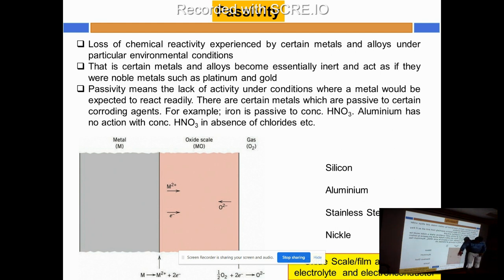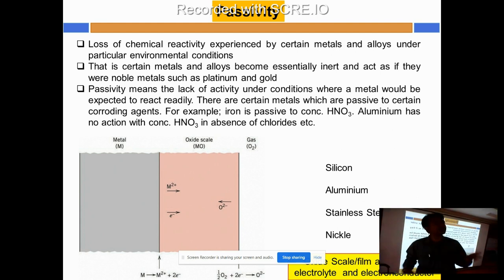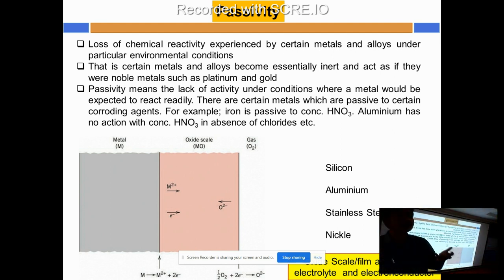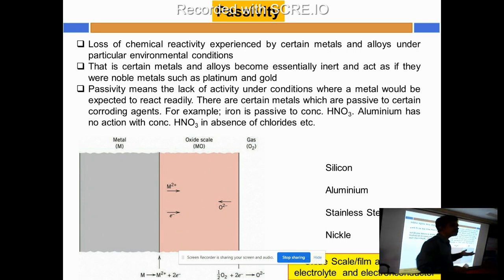And this oxide layer is acting as a barrier, not allowing the oxygen to reach the surface in order to extract the electrons. So this oxide layer is almost like an inhibiting layer. It stops further oxygen from reacting. So what will happen? Obviously, your corrosion will not go on.